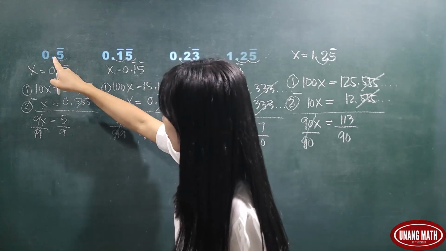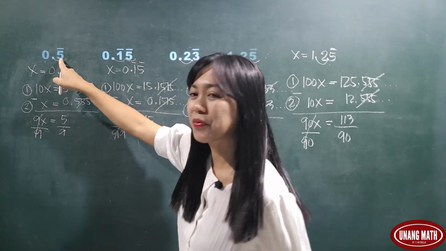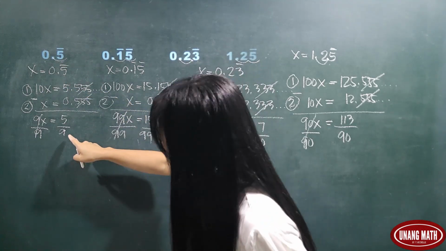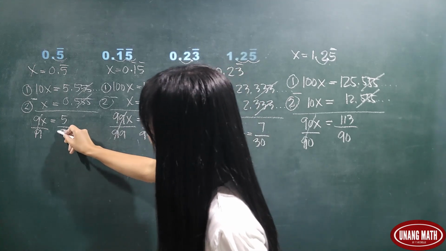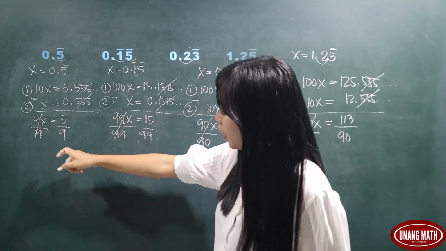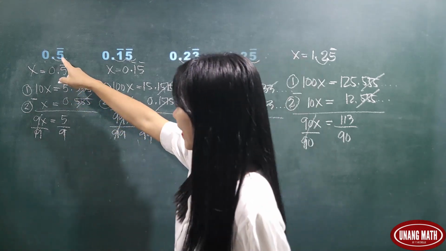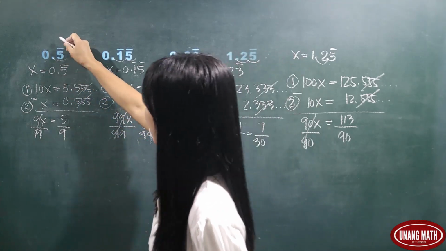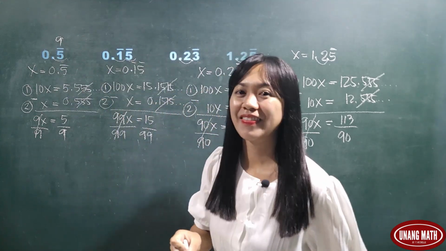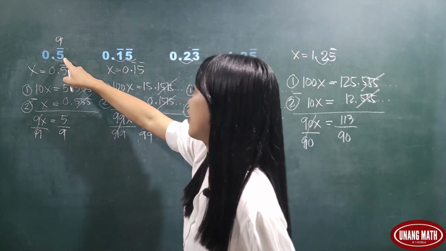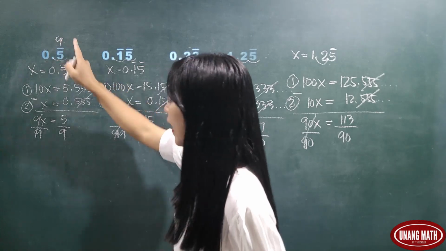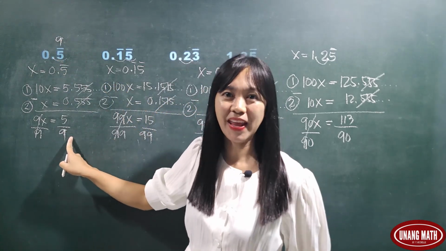This digit 5 is repeating. The denominator of our fraction is 9. To get the denominator 9, the repeating digit represents 9. And this repeating digit that represents 9 is our denominator.